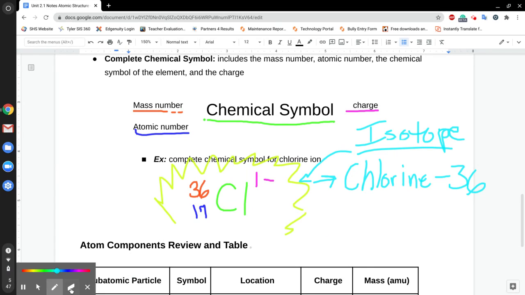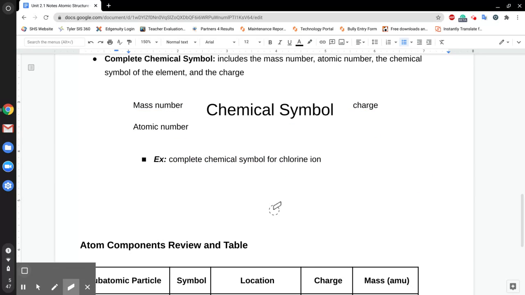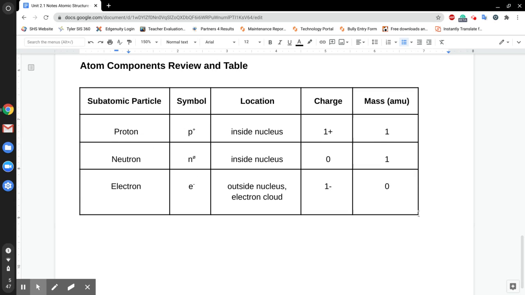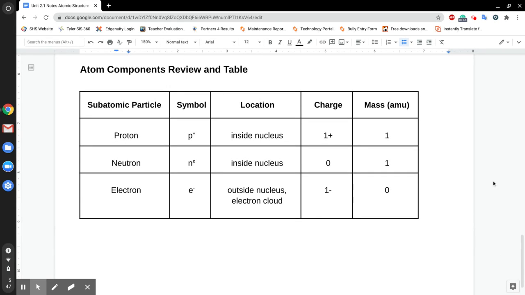The last thing that I've got to cover is more or less just review. Lastly, just remember, here are the atom components reviewed in a table. Maybe some of this isn't review. For instance, maybe you didn't know the symbols, or you forgot the locations, or you didn't know about the mass.